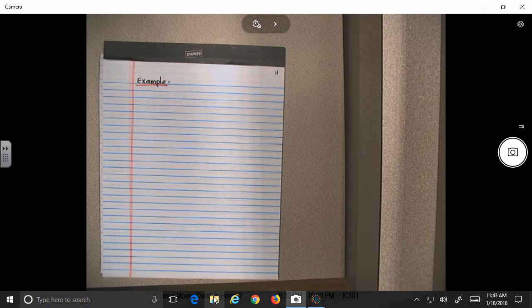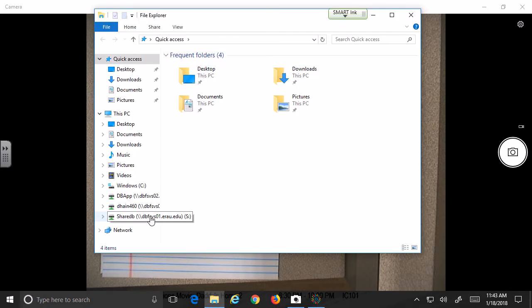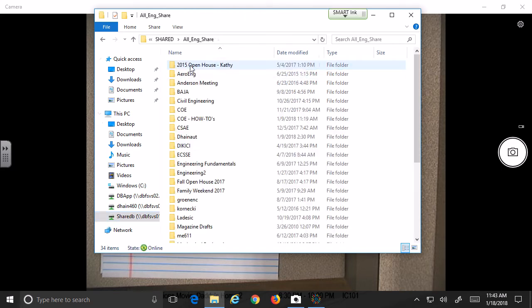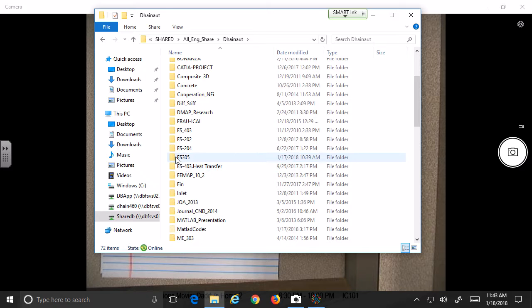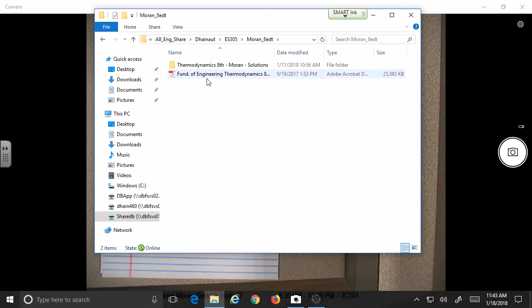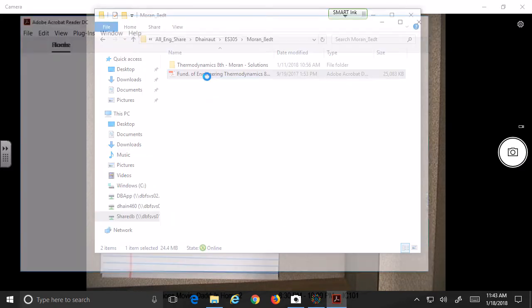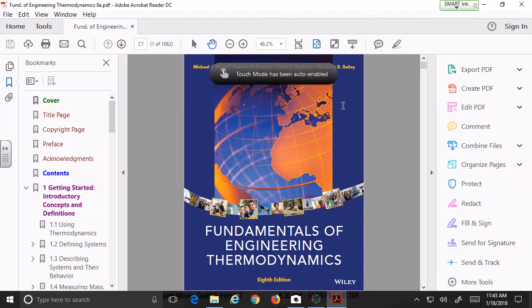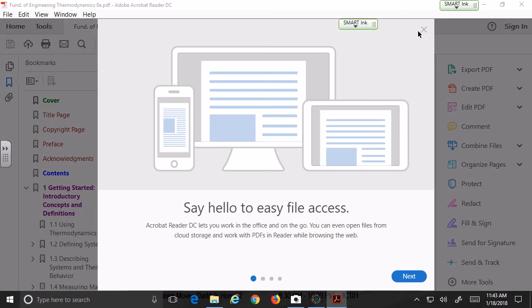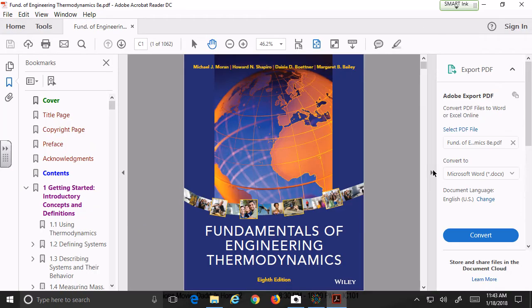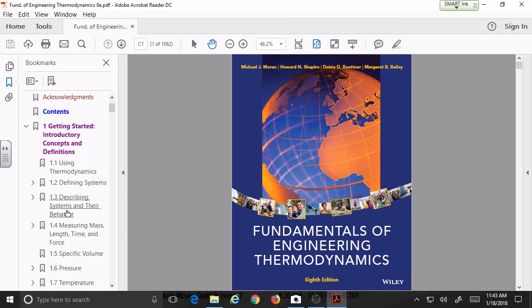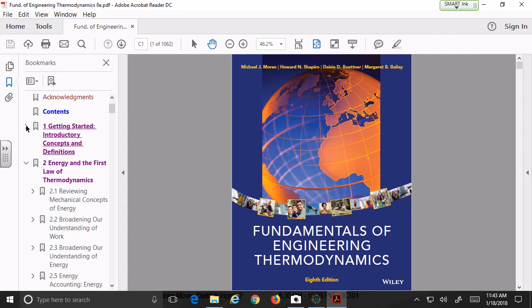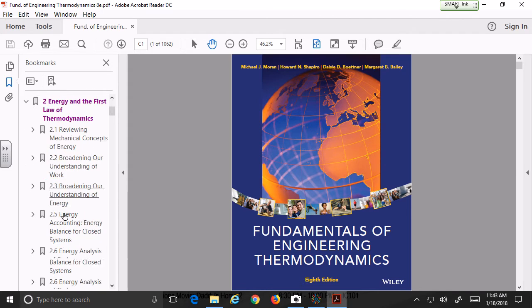So instead of going to Canvas and extracting the PDF file, I know I have it somewhere over here. I think it's in here.